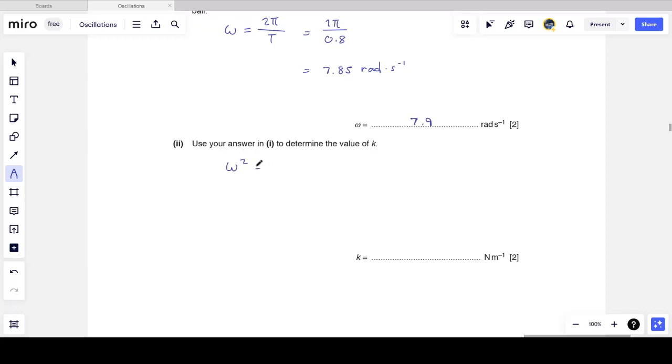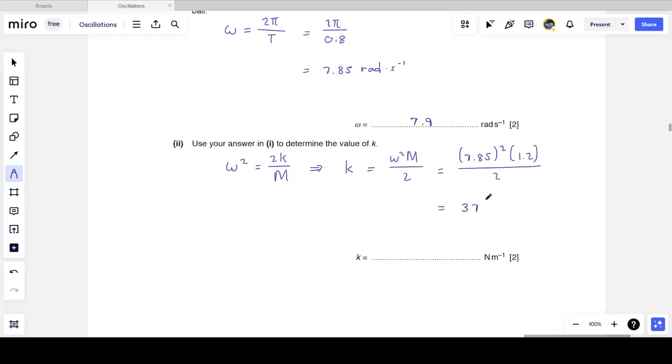And so omega squared is equal to 2k over m, which means that we can rearrange and solve for k. k is omega squared m divided by 2. Omega, I know, is 7.85 radians per second, squared. The mass, I'm told, is 1.2 kg, divided by 2. And what I get is k.